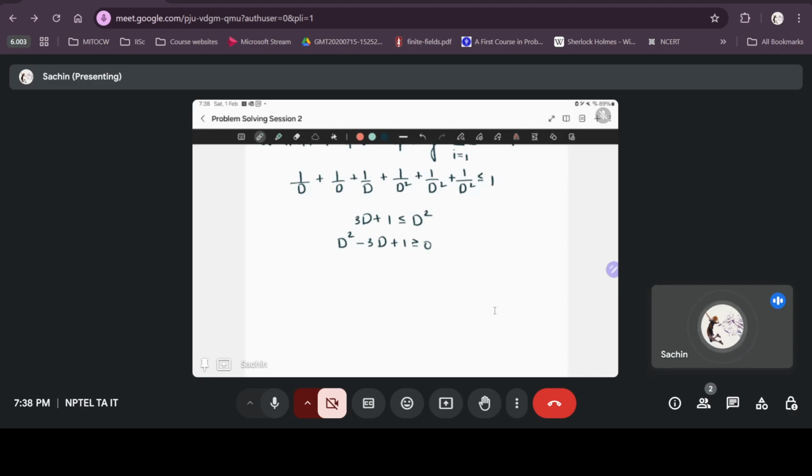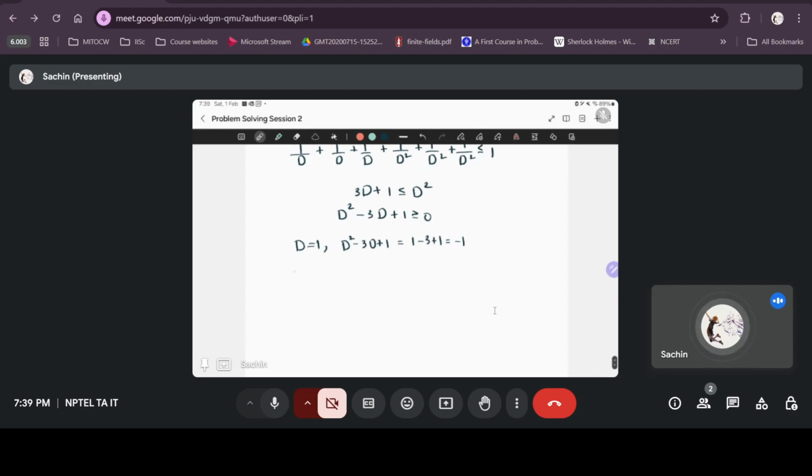But here d has to be an integer, since d is the number of values that your output alphabet has. So you could try different values of d. So d is equal to 1, then d square minus 3d plus 1 is 1 minus 3 plus 1, which is minus 1.